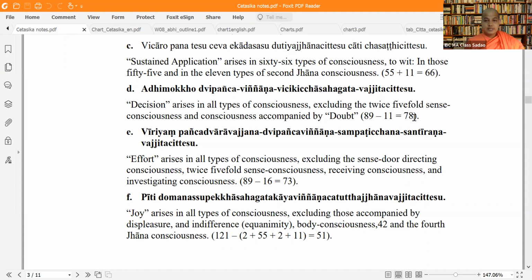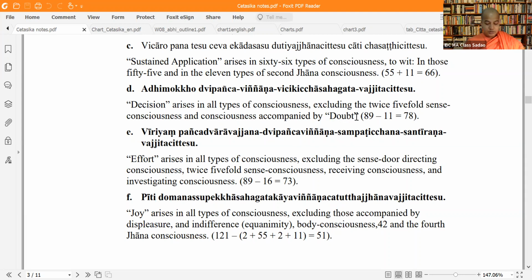So in 78 chittas, you have Adimukha, except in these 11 chittas. You already know about this twice fivefold sense consciousness, consciousness associated with five senses, one set belonging to Akusala, the other set belonging to Kusala. And this particular Chitta, consciousness accompanied by doubt.